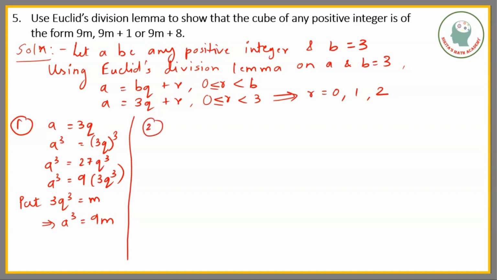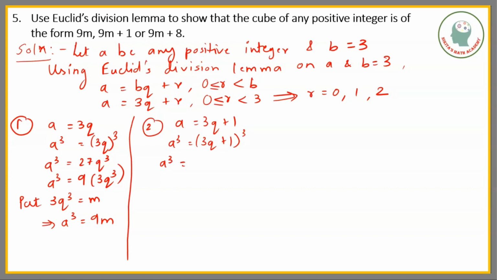Okay, now let's take the next case, that is when r equals to 1. So we'll have a equals to 3q plus 1, right? Taking cube on both sides, so 3q plus 1 whole cube. Now students, here we need to use the a plus b whole cube formula. I hope everyone remembers the formula.